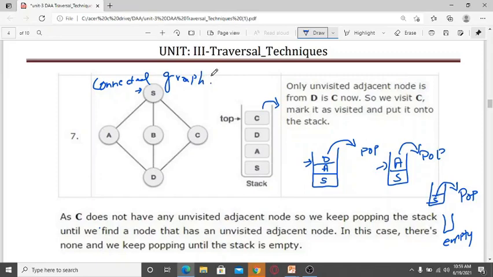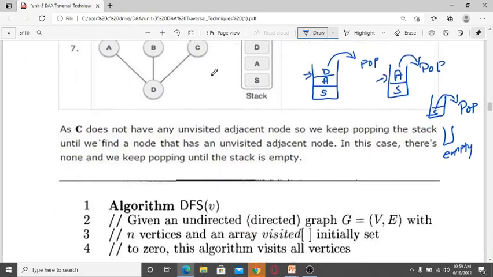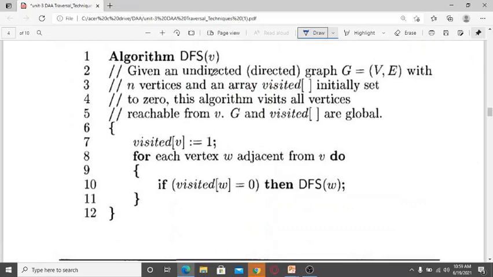So this is about DFS, the algorithm. What is the algorithm? Whatever we are doing in the top example, the same thing you need to write here. First, DFS with vertices, and an undirected graph.